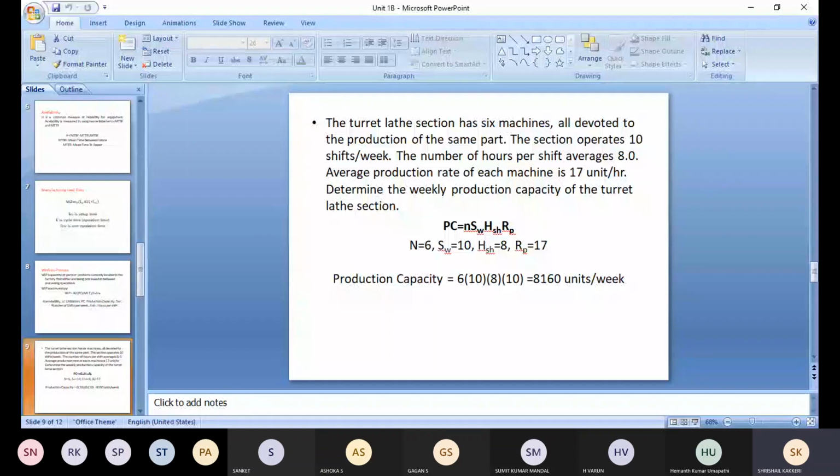The operating time required at machine A may also be different from machine B. So by having effective work handling and part handling devices and storage, we can utilize the plant to the maximum. That is the meaning of improved material handling and storage.